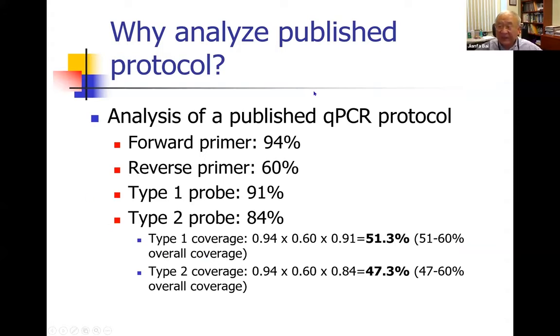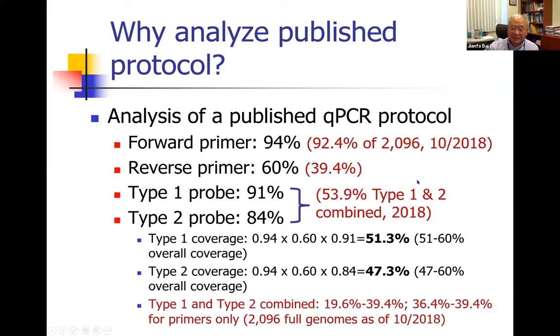Here you have a reverse primer whose coverage is 60%, so you are missing 40% of the strains. That's not good. And a few years ago, we reanalyzed, and it's getting worse. You detect only 40%. That's why not every published protocol can be used for diagnostics directly.